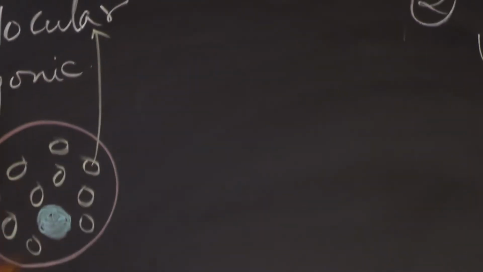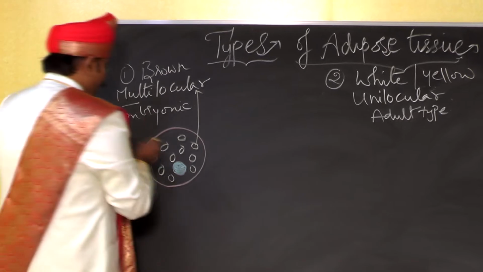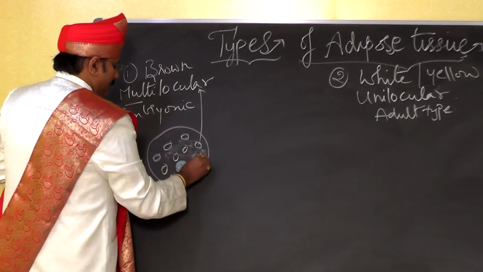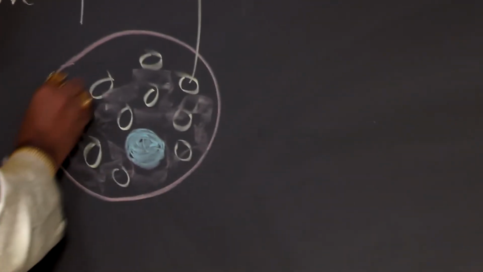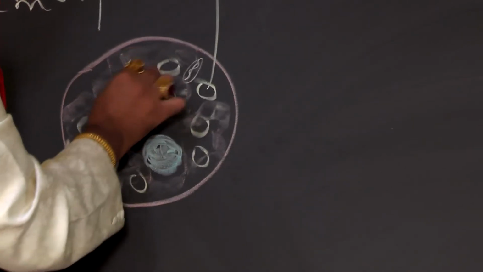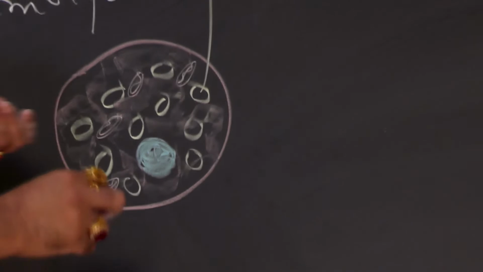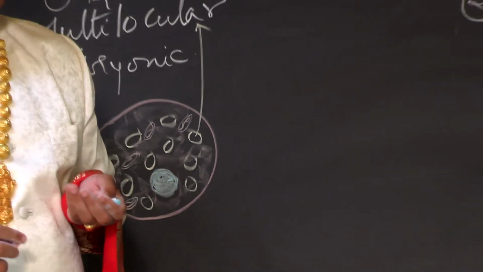Because lots of fat droplets are present, you call it multilocular. The cytoplasm present in the cell has mitochondria in abundance. Endoplasmic reticulum is also present.